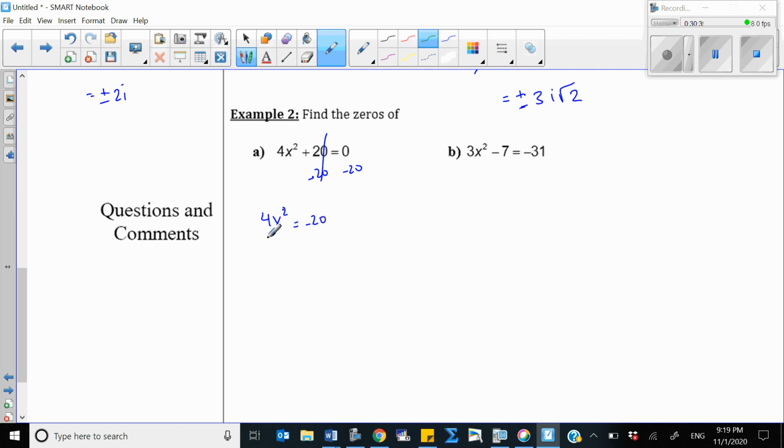Now I can divide both sides by 4. So it will be x squared equal to negative 20 divided by 4, which is negative 5. Now I'm going to take the square root of both sides. So the square root and the square cancel each other, and I have x equal to the square root of negative 5.